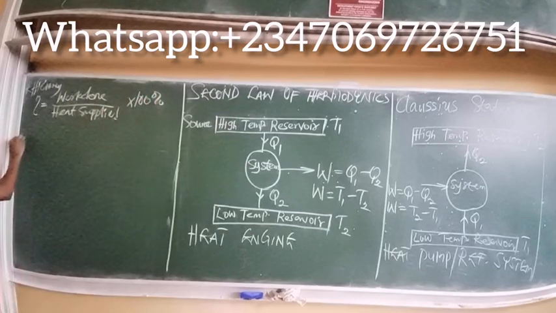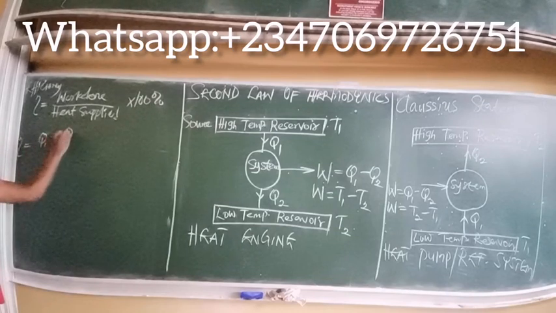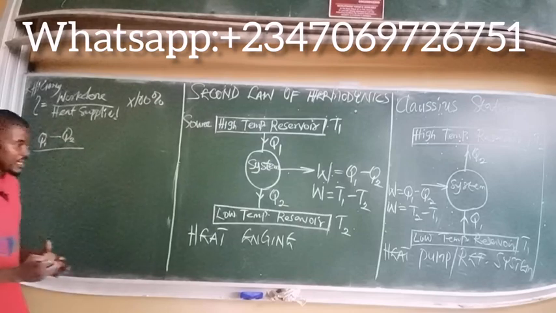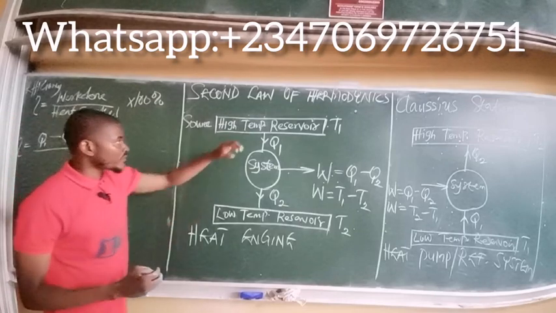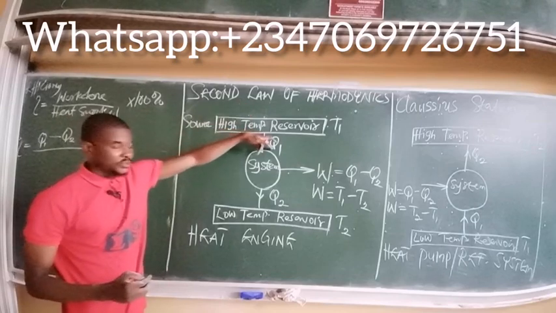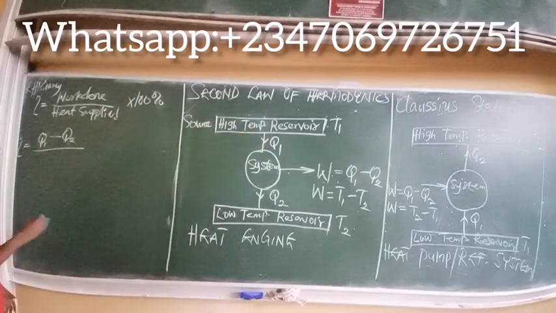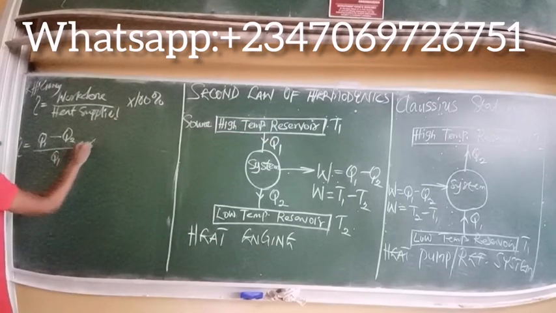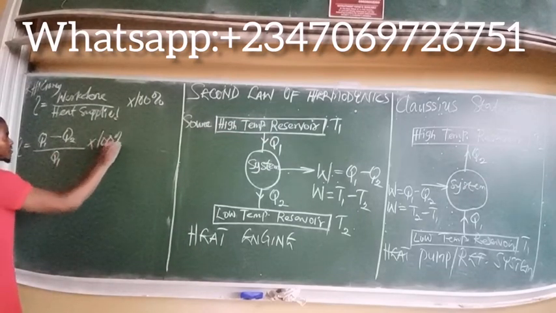So efficiency is equal to work done, which was given as Q1 minus Q2, all over the heat supplied. The heat is supplied from the high temperature reservoir, and that simply was Q1. So this will be Q1 minus Q2 all over Q1, multiplied by 100%.